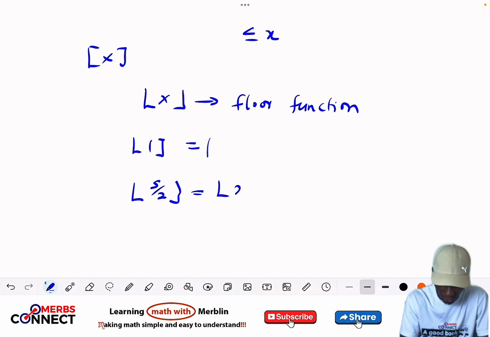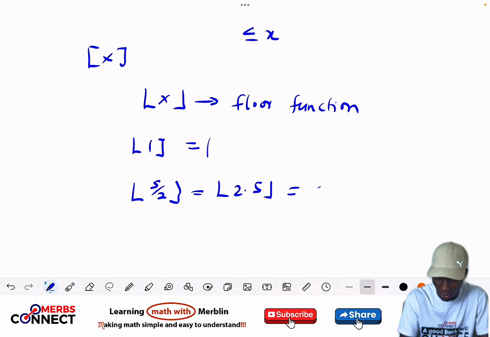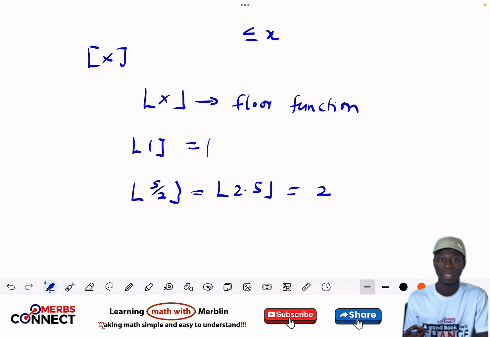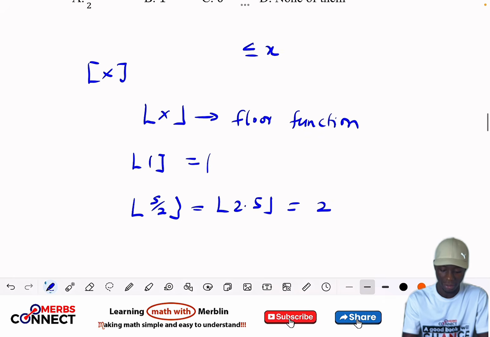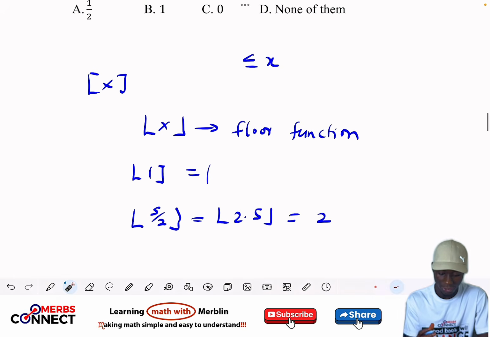So I'm going to have this be 2.5. So guess what will be the answer for this? This is going to be 2. We need the greatest. If we approximate it, you are going to have 3, but 3 is not inside this. So the greatest here is going to be 2.